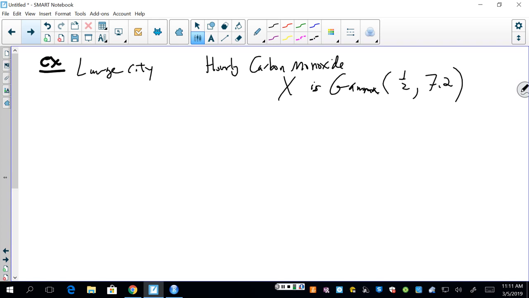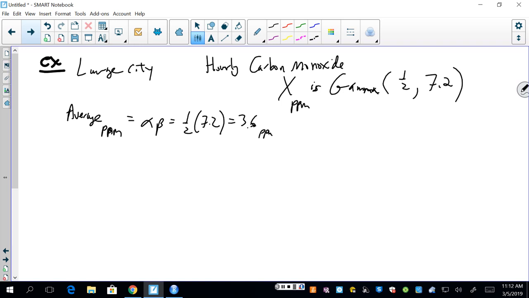What's the expected value of carbon monoxide? Average parts per million, well, it's alpha times beta, the product of those two things. 1/2 times 7.2 is 3.6 parts per million. 3.6 is what we used for the exponential in the previous one.